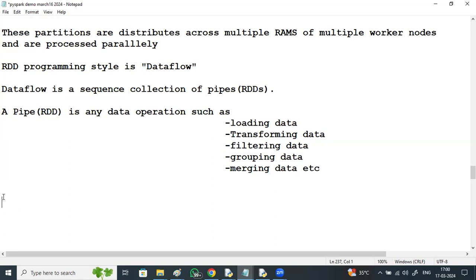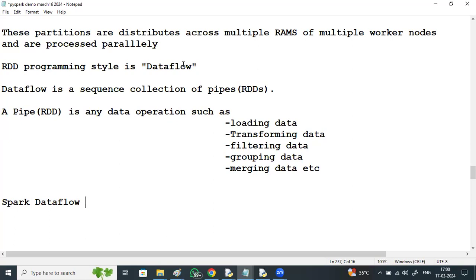One more thing we need to understand clearly: Spark data flow. Is data flow executed parallelly or sequentially? Sequentially. One pipe's output will be the input to the next pipe.